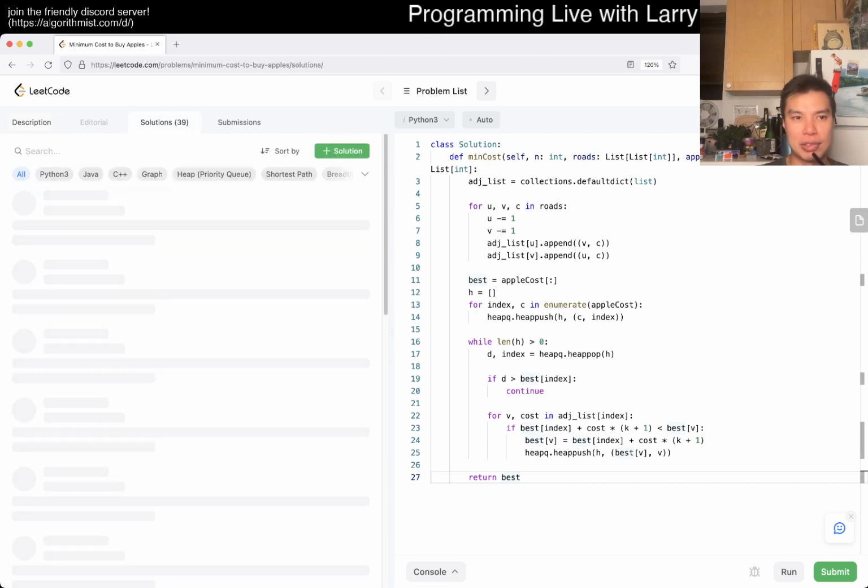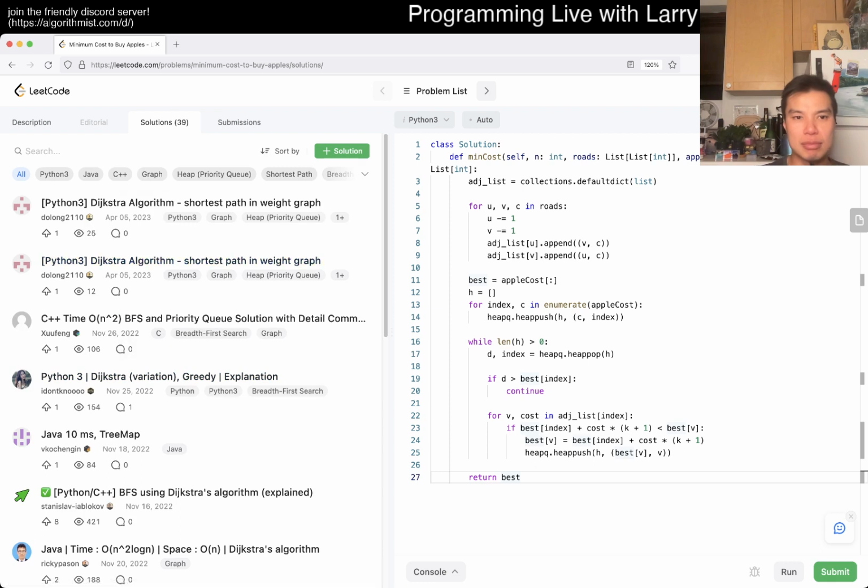I guess let me click on this real quick. Is mine E log V? No, I don't think mine's E squared. Did I mess that up? No, we only pop once. The aggregator should be E log V. Maybe I'm confused.